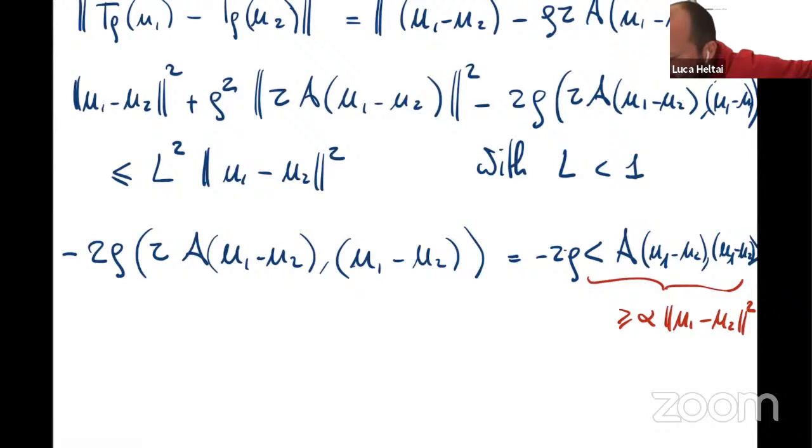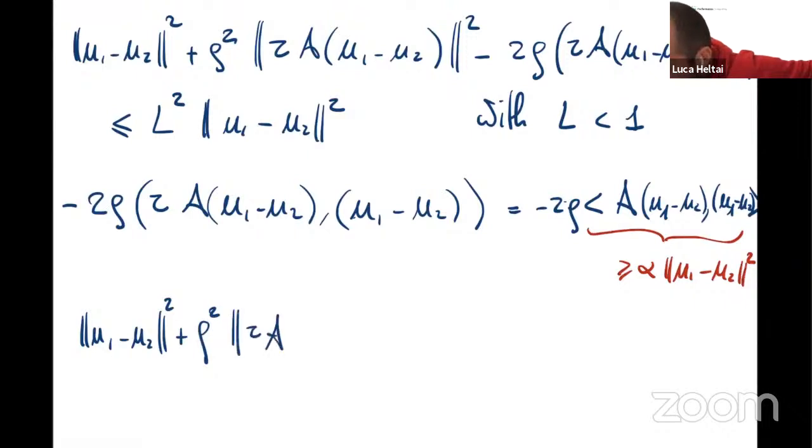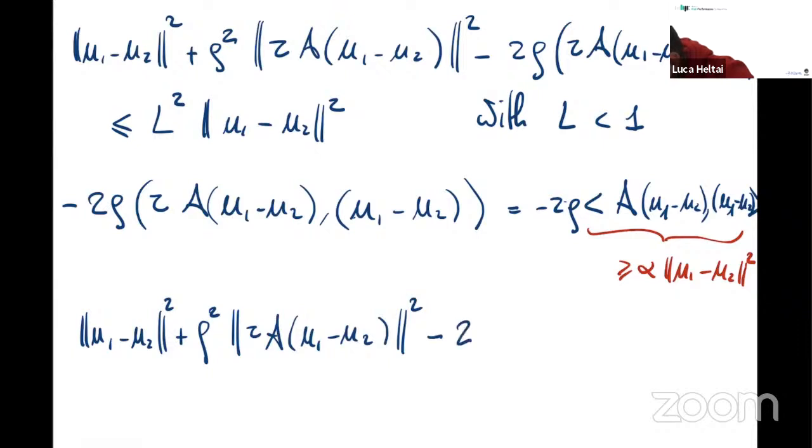Okay, so since it's with the correct sign, we can keep going and say the norm of U1 minus U2 square plus rho square times the norm square of tau A of U1 minus U2. And now we can subtract 2 rho alpha times the norm of U1 minus U2 square.